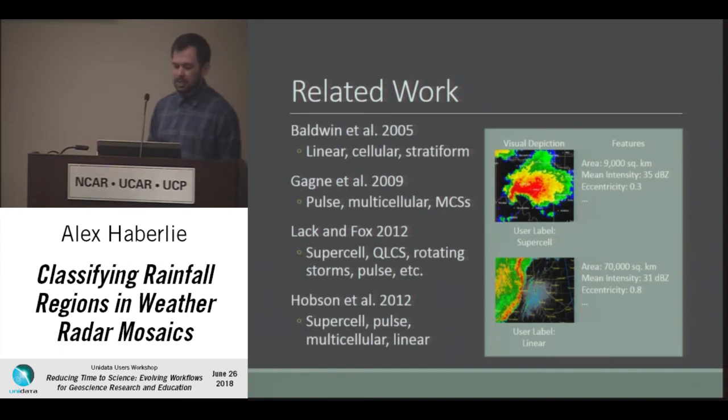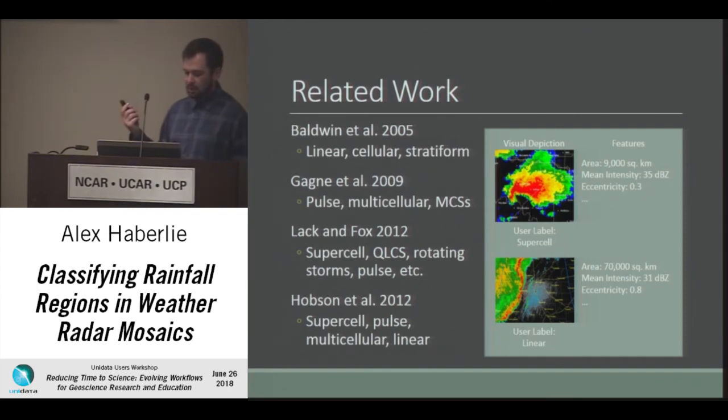There is related work on classifying rainfall clusters, and generally a researcher sits down and looks at radar data, maybe wind data or mesocyclone data, and says this is a supercell or this is a linear convective system. They go through hundreds of those examples and you get a data set of them, and then you extract the features out of it.